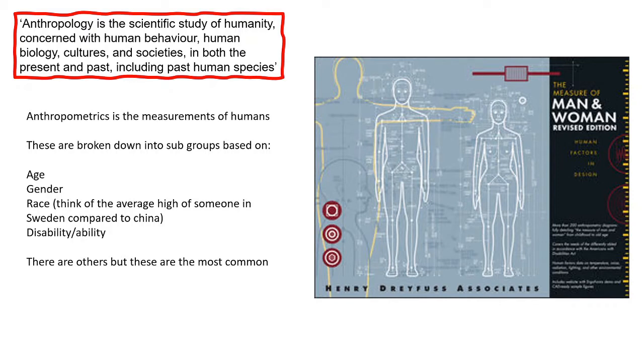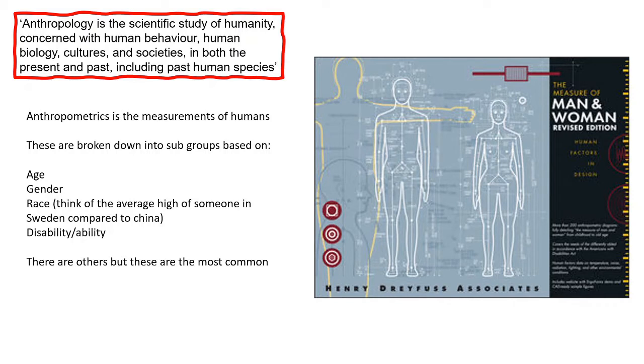Now, obviously, there are certain different subgroups and factors to take into consideration. Think of age, because when you are young and you're growing, your sizes change quite dramatically until you get to about 25 when you stop growing. And then once you get past a certain age, maybe 60, 65, you start shrinking again. Gender makes a big difference as well. Race, where people come from.